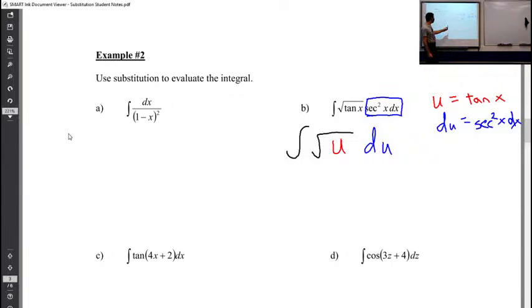So antiderivative here is going to be, well, this is u to the 1/2, and so if I were to add one back, it had to start at u to the 3/2. But there was no constant out in front, so to cancel out the 3/2 that would hop out in front, I need a 2/3 there.